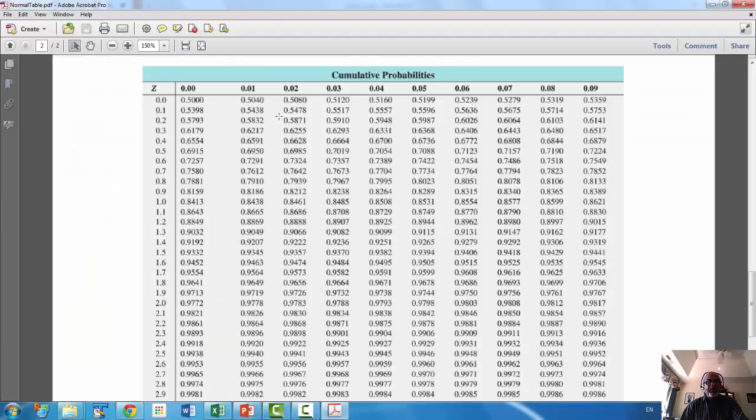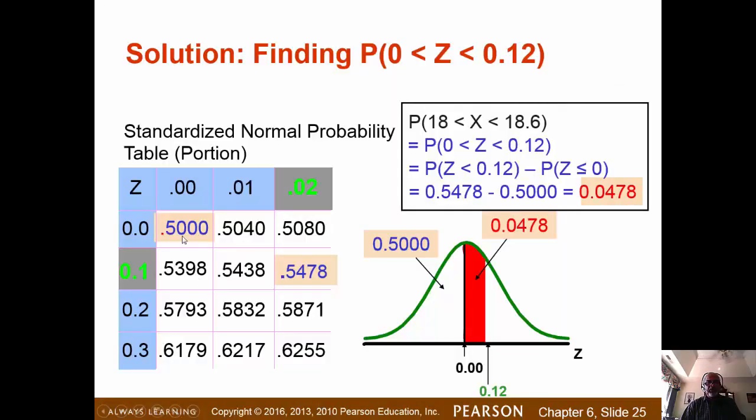For z equal to 0.12 it is 0.5478. So we need to find the difference between those two. So 0.5 and all of that is 0.5478. The balance, 0.5478 minus 0.5, gives you 0.0478.